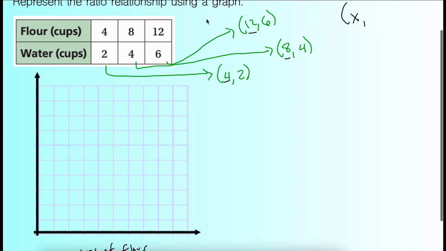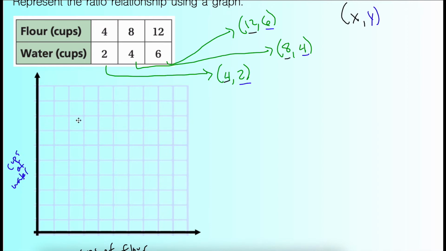The second value in each of these points, the 6, the 4, and the 2, those all represent cups of water, and since they're the second number, those are going to be the y value in my ordered pair. I'm going to label my y-axis as cups of water.